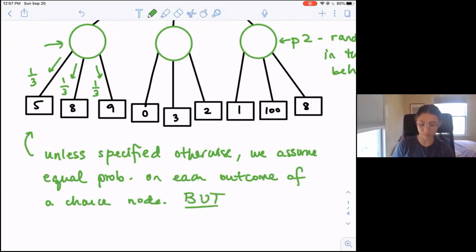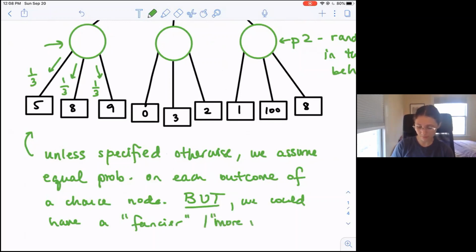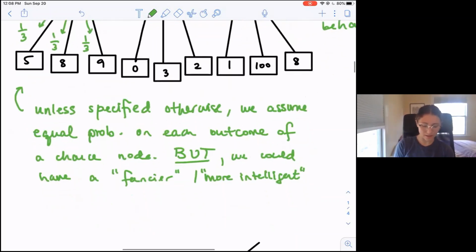But importantly, we could have a fancier, or maybe more intelligent, probability distribution.